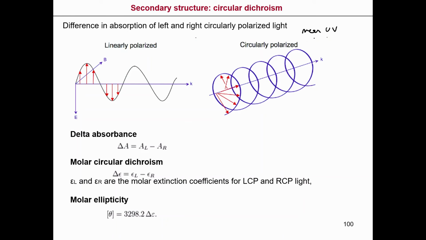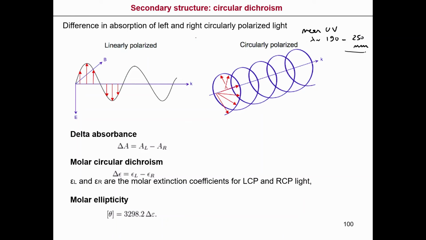It means that we will record the spectra between 180 to 250 nanometer. And we will use left and right circularly polarized light.